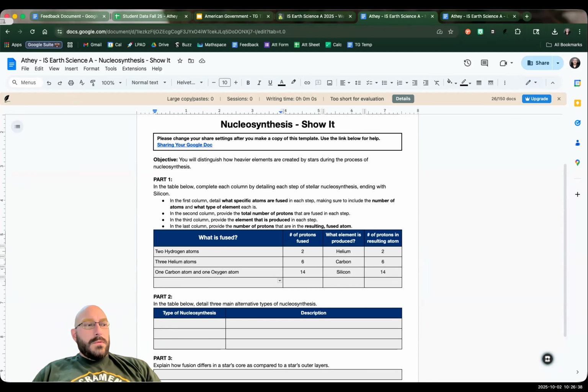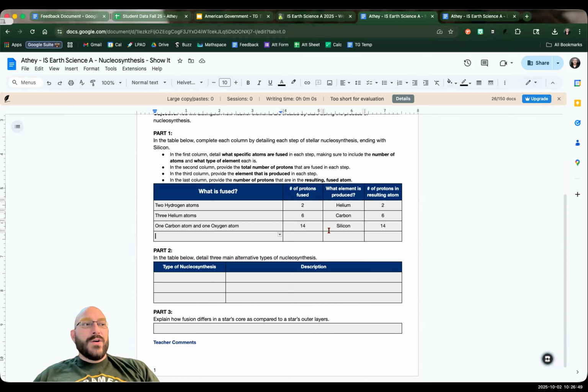Well, what would happen next? What did we say was the biggest element that stars could fuse? Iron, right? Okay. Well, how many protons does iron have, guys?